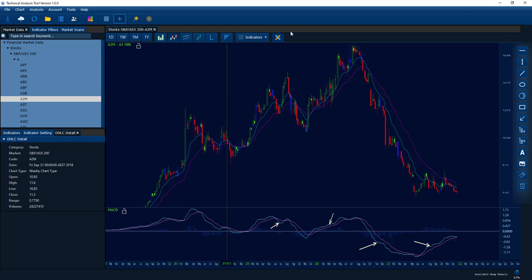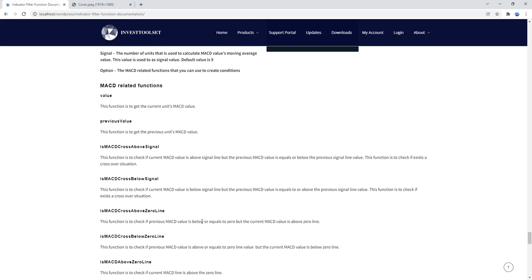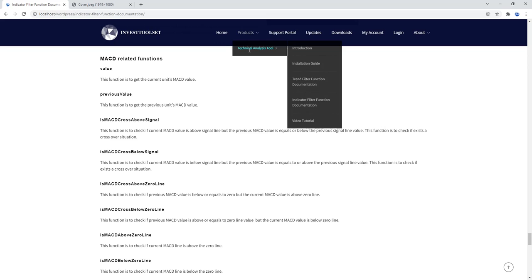Okay, let's close that chart and go back to our indicator filter. Now we're going to create some indicator filters and do some market scans based on the functions we just explained. If you still have questions about these MACD related functions, you can always come back to our main page and browse to the indicator filter function documentation.